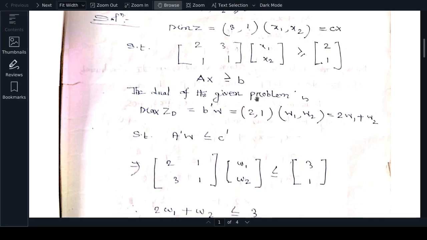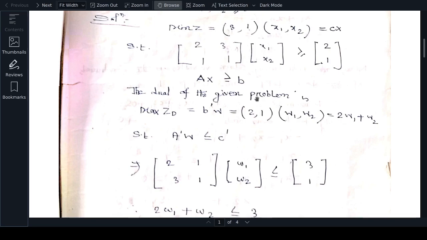So how do we write this? Number 2 point: how to convert to dual means interchange the role of the constant term and the coefficient of the objective function. The objective function coefficients of the given problem are 3, 1, and the constant part is 2, 1. So 3 1 and 2 1 are interchanged, and here 2 1 comes in the objective function.